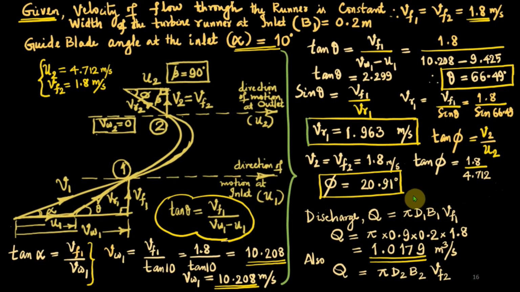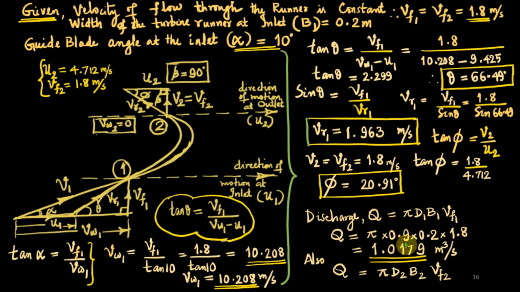Now the discharge. The discharge handled by the turbine Q based on the inlet parameters is pi d1 b1 Vf1. Since the vane thickness and all is not specified, we will take the ideal case. So pi d1 b1 is the circumferential flow area at inlet multiplied by the flow velocity component Vf1.